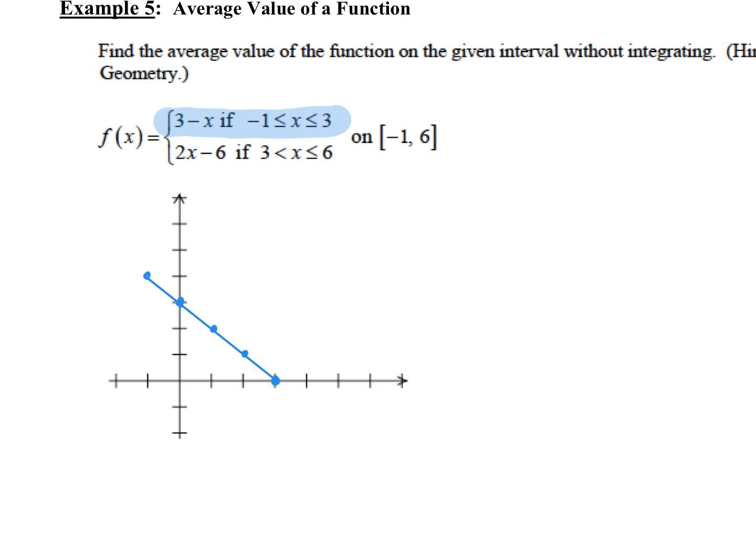And then if I draw the right-hand side, 2x minus 6. That means at 3, if I plug in 3 for that, what am I going to get? 2 times 3 minus 6, 2 times 3 is 6, but then 6 minus 6 would be 0, right?